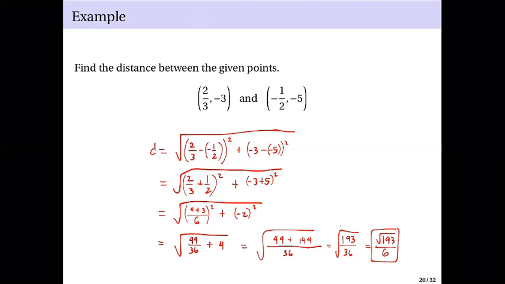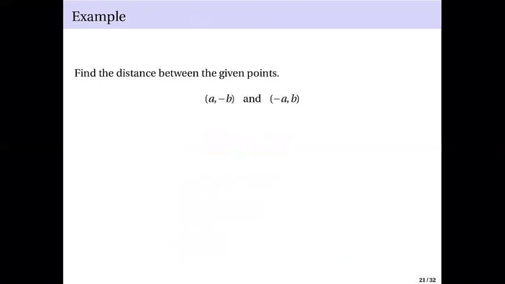Next problem. Find the distance between the points (a, -b) and (-a, b). So we have here arbitrary numbers. So we just write this.